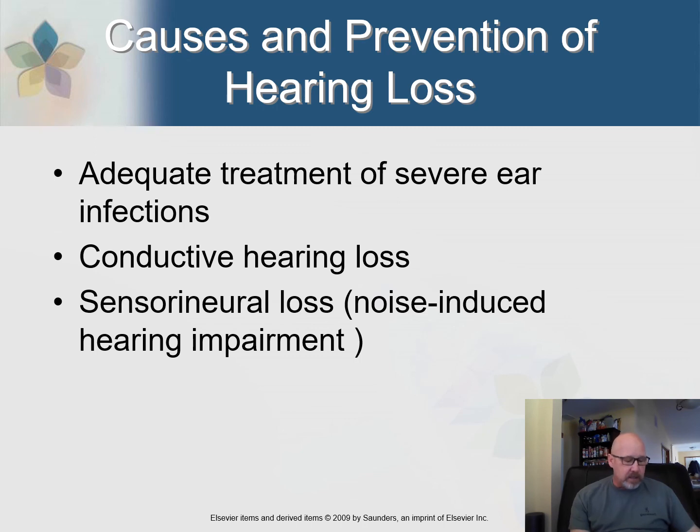The best way is to look at box 25-2 on the bottom right-hand corner of page 584, and it will tell you conductive versus sensorineural hearing loss in complete detail. If you think conductive, you think of sound waves being conducted, and something blocking it, stopping the conduction of the vibrations, that would be conductive hearing loss. All right.